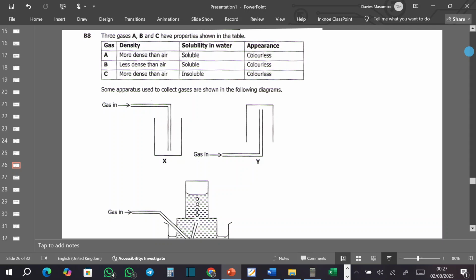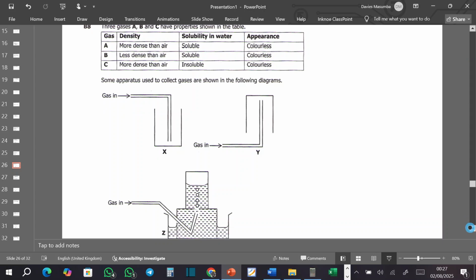Then solubility in water, A is soluble, B is also soluble, then C is insoluble. Then appearance, they are all colorless. You can't see their color. Some apparatus used to collect gases are shown in the following diagram. There is apparatus X, apparatus Y, and then apparatus Z for collecting these gases.